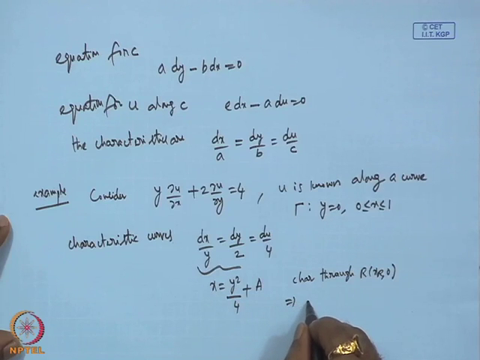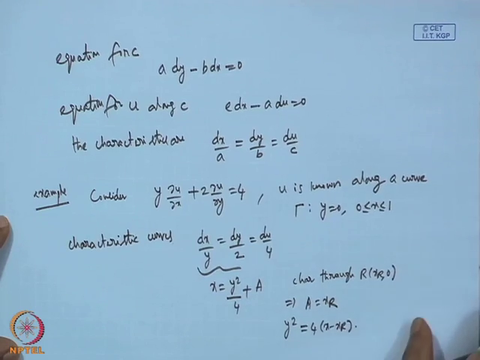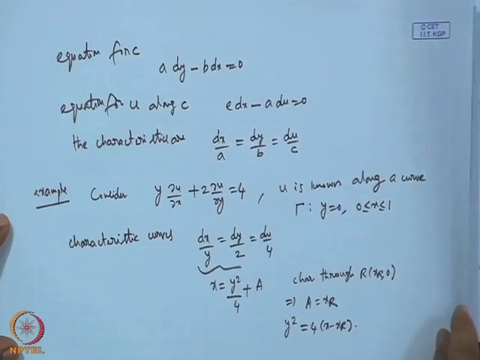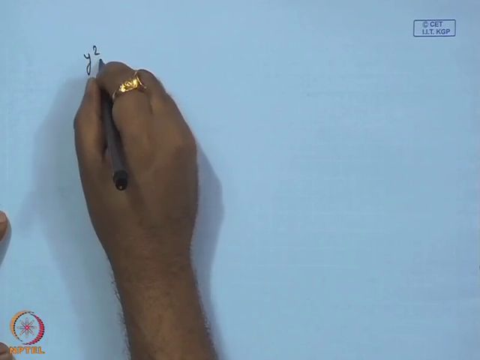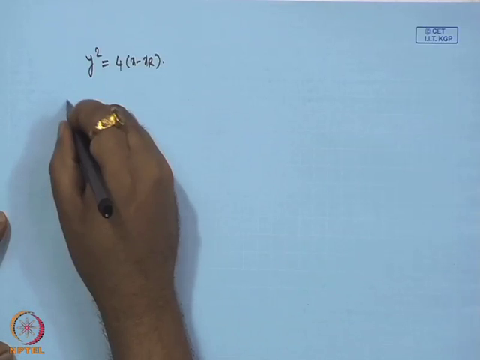So, we have y square equals 4 into x minus x r.